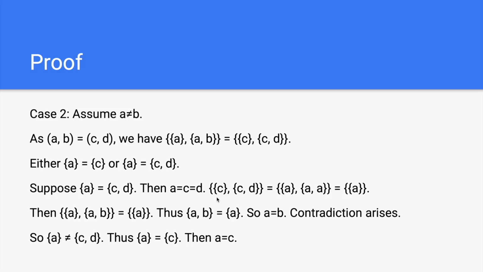So we have this set is equal to this set. We have this expression and we have this expression, so we know that these two sets are the same. So we have this result. And then we know that {a, b} is equal to {a}. So we have a equals b. But a is not equal to b. Contradiction arises. So we have this result. Therefore, we know that this is the remaining one which is true. Then {a} is equal to {c}. Then a is equal to c.